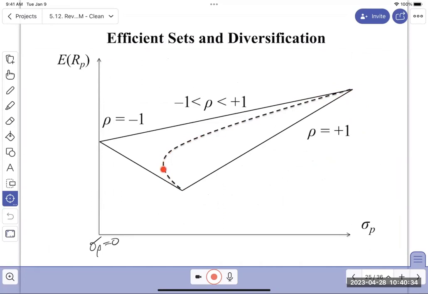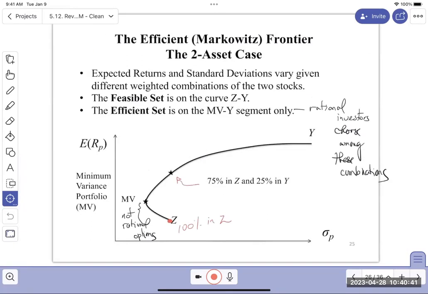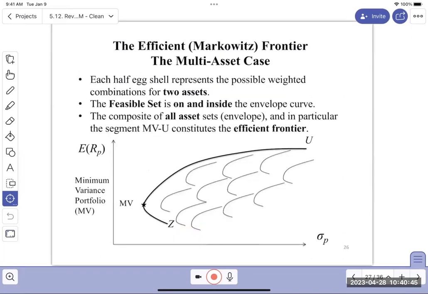Otherwise, all the ones below are dominated by the minimum variance and all the subsequent ones. And then I said, let's think about all assets. So they have the same shape when you think about two, but now we're going to pool them. We're going to look at all of them at the same time. And what we see is, as long as they fall in combination up and to the left, we could hold many assets at once.